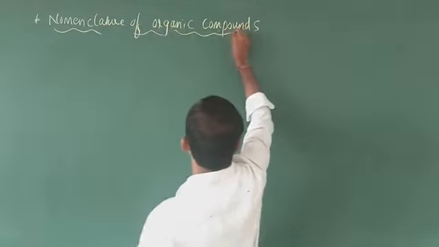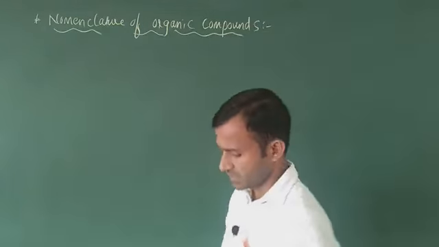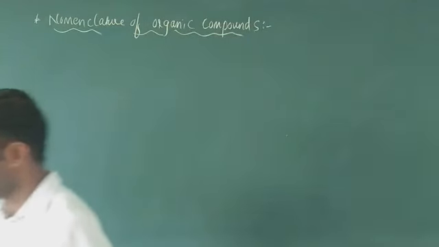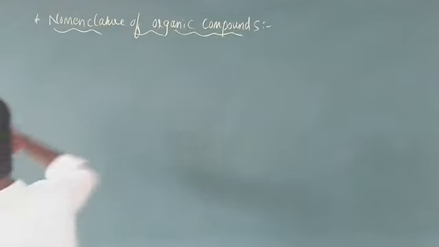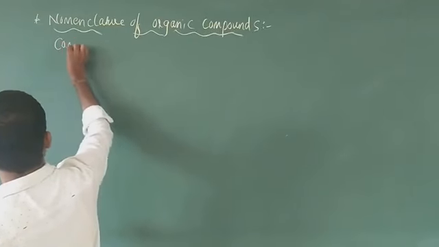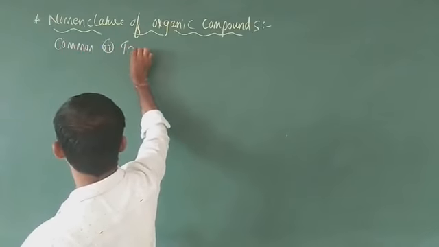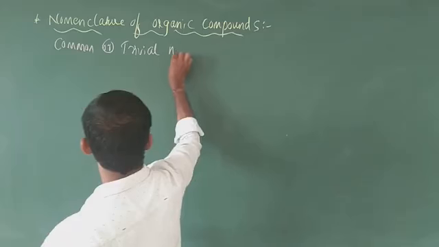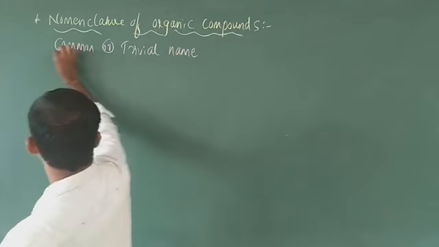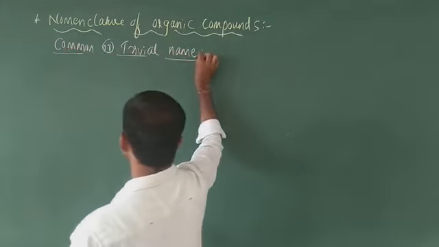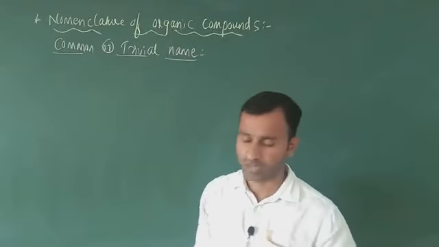Nomenclature means naming. The first point is the common or trivial name, which you call the common name. The common name is different, and IUPAC nomenclature is different.